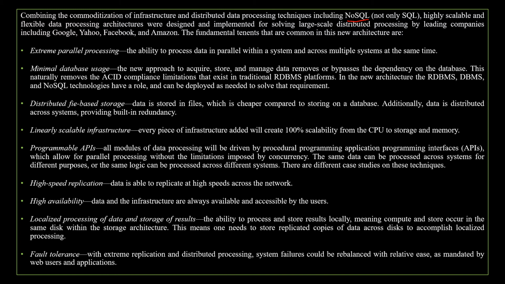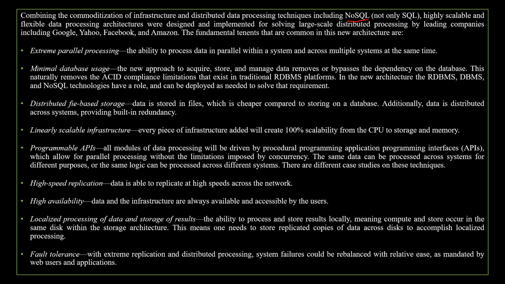This naturally removes the ACID compliance limitation of the traditional RDBMS platform. In this new architecture, RDBMS, DBMS, and NoSQL technology each have a role and can be deployed as needed to solve the requirement.